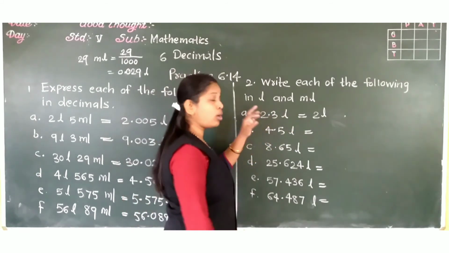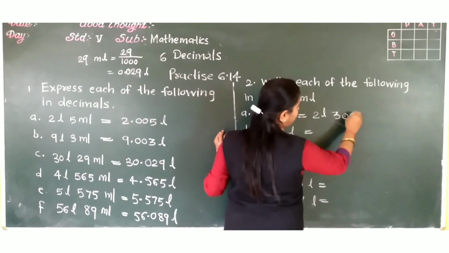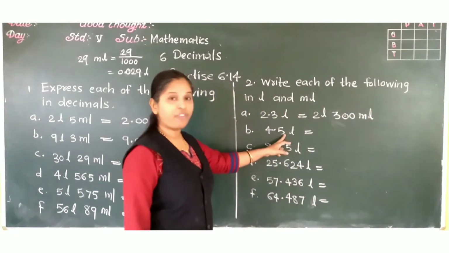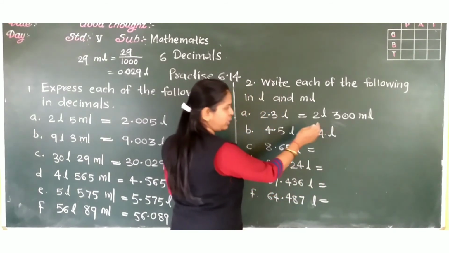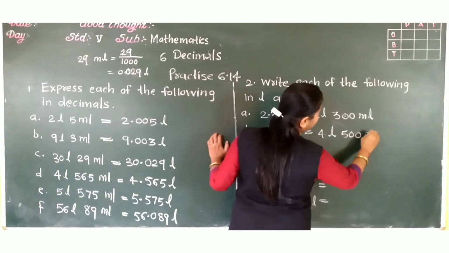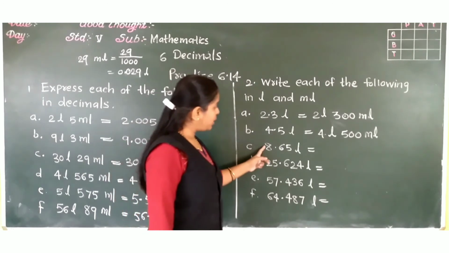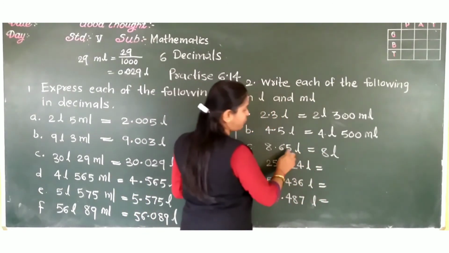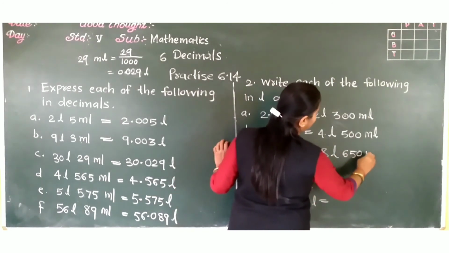That means it is not only 3 milliliter, it is 300 milliliter. Followed? Now see 4.5, that is 4 liter, and after 5 I can write 2 zeros. So 0.5 means how many? 500 milliliters. Okay. Now 8.65, that is 8 liter, and after 65 I write 0, that is 650 milliliter.